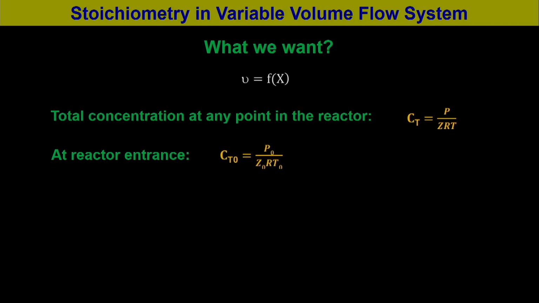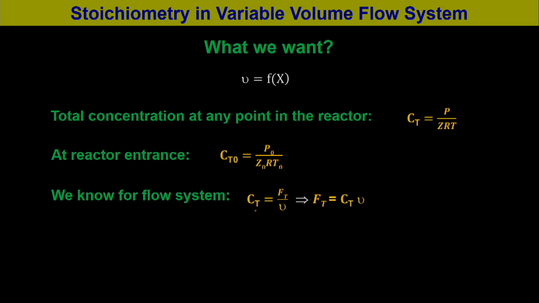At the reactor entrance, we can write CT naught, that means at t equal to 0, the pressure of the system we can consider P naught divided by Z naught R T naught. T naught is the initial temperature and Z naught is the initial compressibility factor at the reactor entrance and R is the universal gas constant. Now, we know for any flow system the concentration CT can be related with the molar flow rate by the volumetric flow rate.